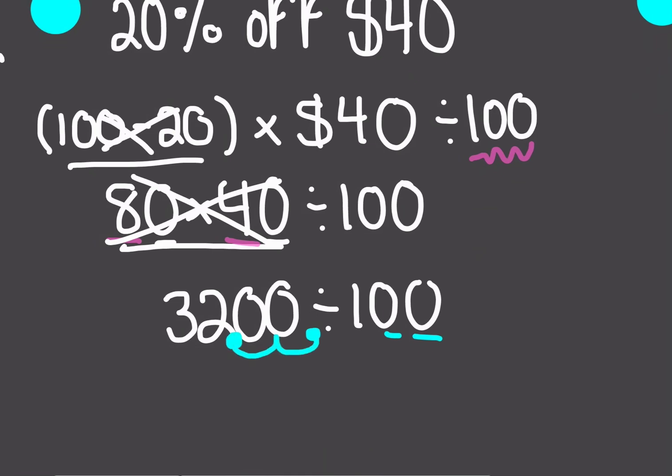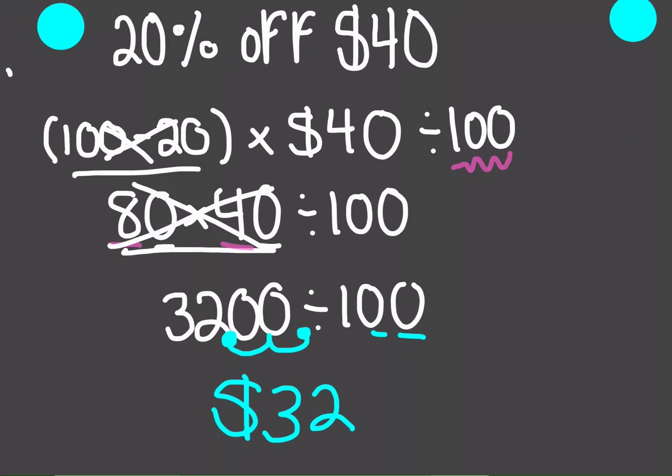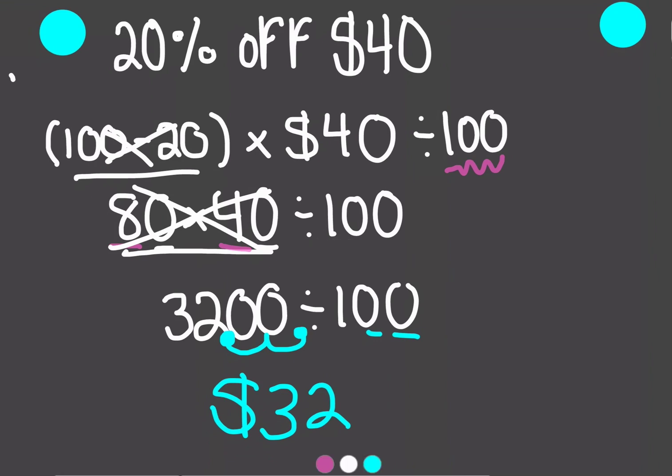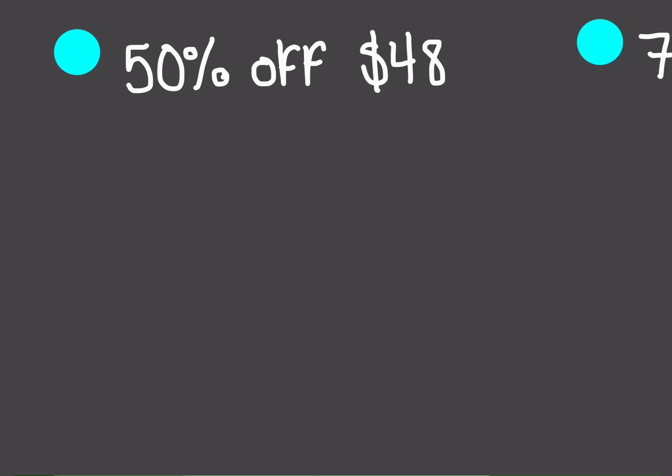So your final answer is 32, which means that if you were to take 20% off of $40, you're still going to be spending $32 once you go up to the register. So that would equal up to about an $8 discount. Pretty good. Bigger discount, so let's see how much money you're actually going to be spending.